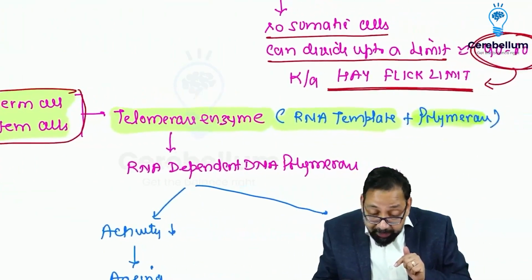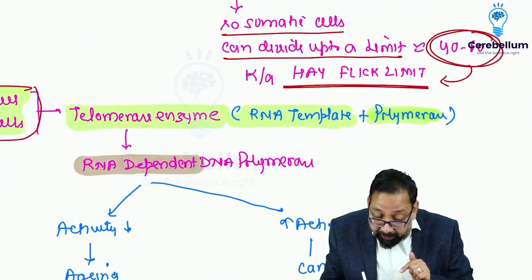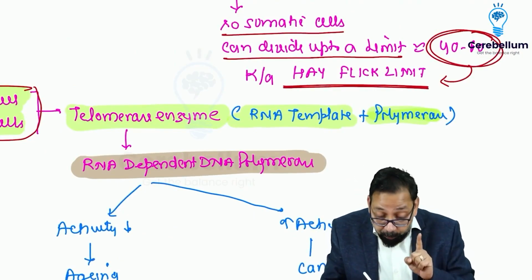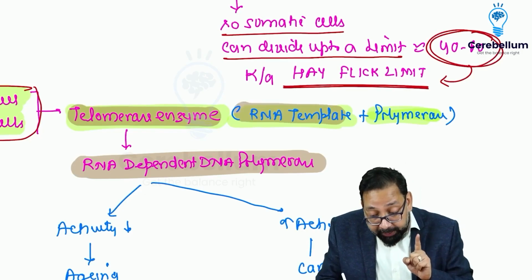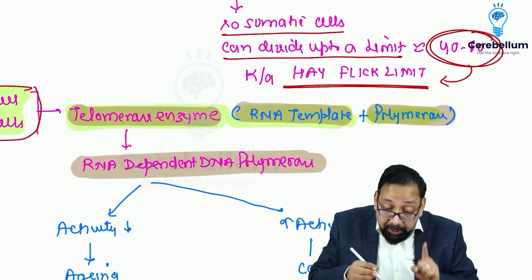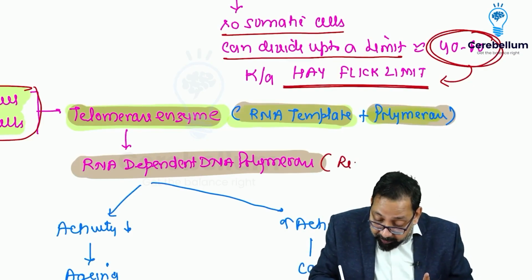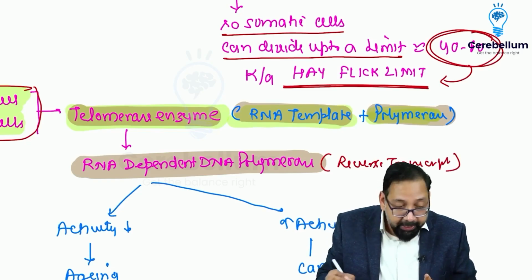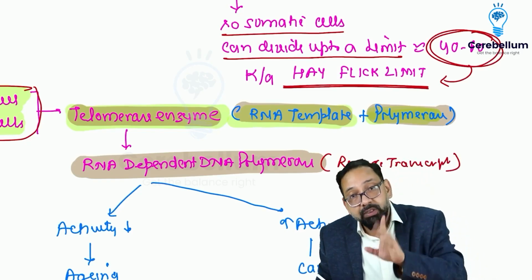So I can say telomerase synthesizes DNA from an RNA template; telomerase is an RNA-dependent DNA polymerase. An important point is that telomerase has both an RNA template and a protein polymerase, and this is reverse transcriptase. Yes, RNA-dependent DNA polymerase, or reverse transcriptase.